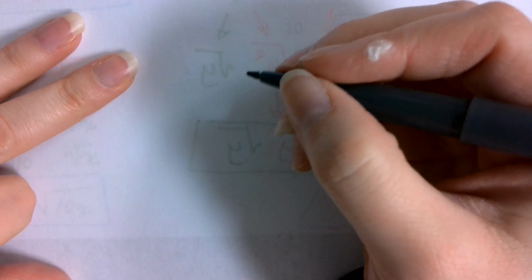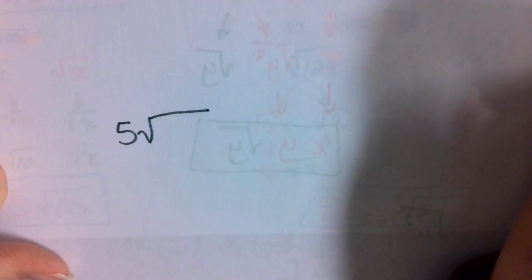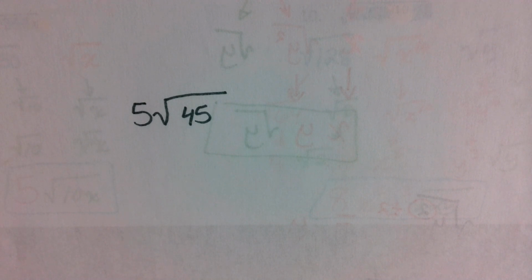So let's say that we've got something like 5 square root of 45. What to do with a problem like that. 5 square root of 45.